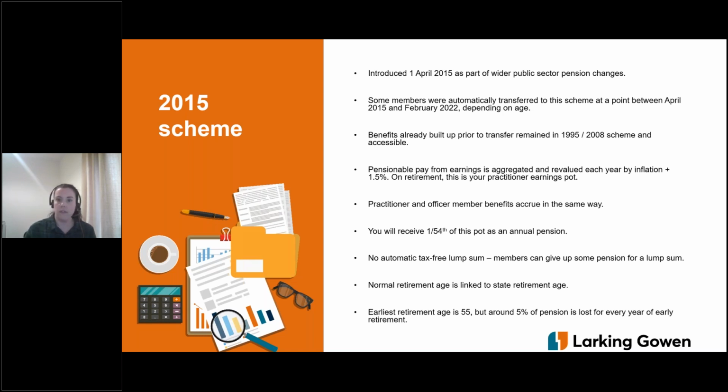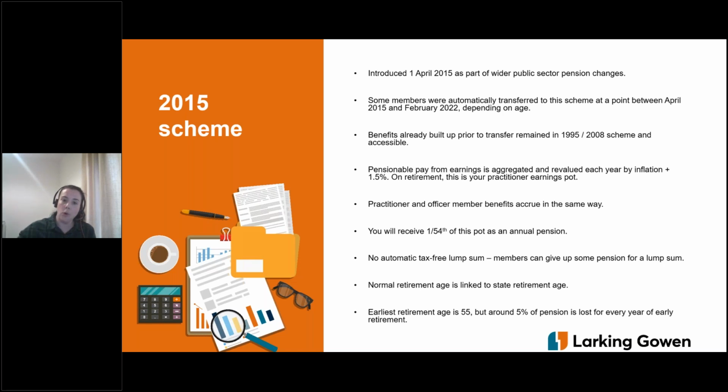So 67, potentially 68, potentially 70 in the future. As state pension age is adjusted, the 2015 scheme will follow suit. So that's probably one of the bigger changes within this scheme. You can still go at 55, but again, 5% of pension is lost.